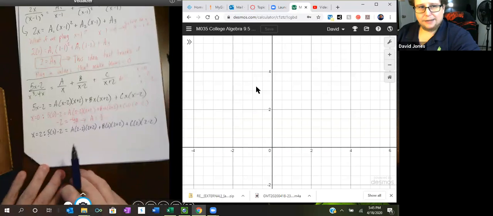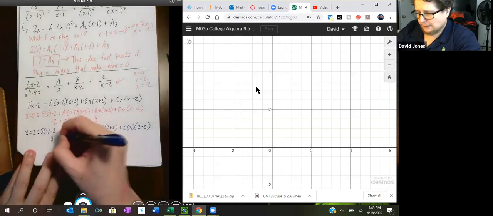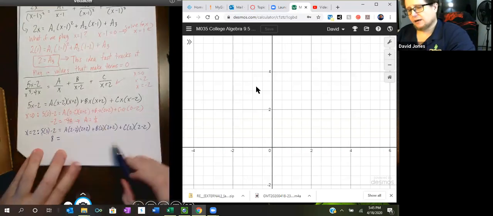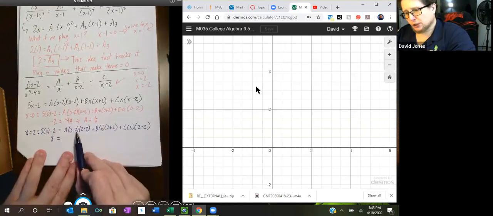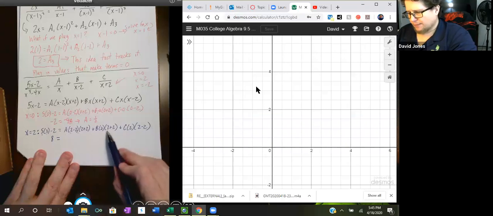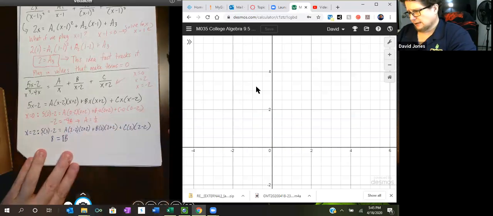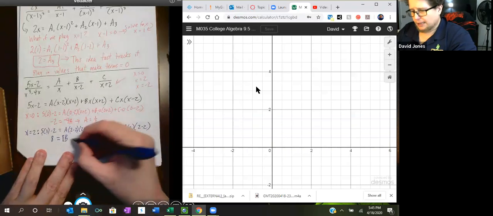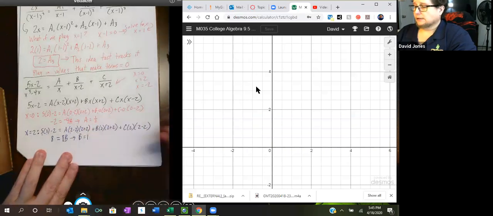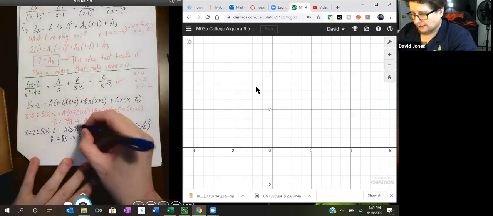I'm starting to rotate my camera. 10 minus 2 is 8. 2 minus 2 is 0, so the A term goes away. The B term is 2 times 4 is 8. And the C term goes away, and we get B equals 1. That goes to 0, and that goes to 0.